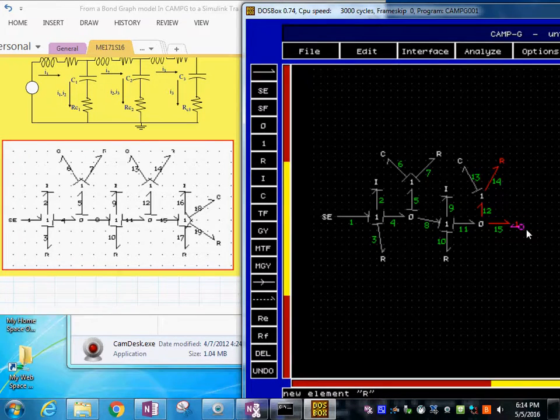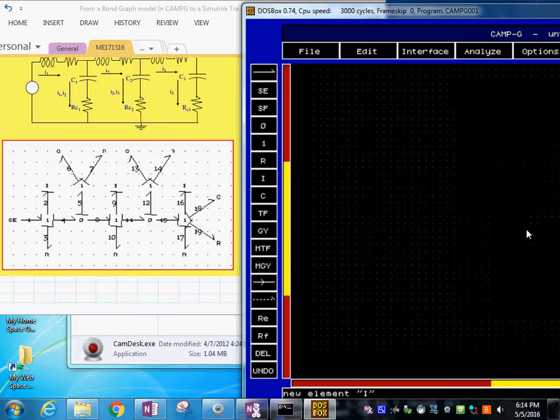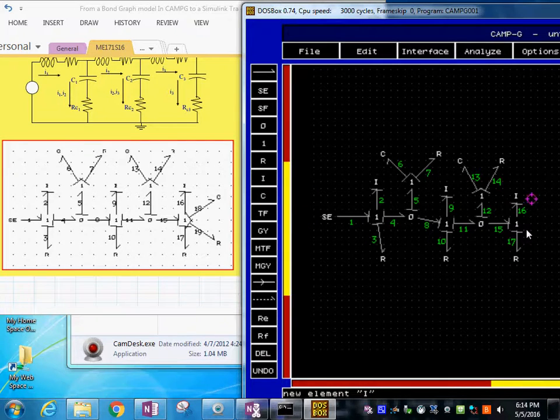We're on the last loop, and this is going to be I-16 here, and then we have the R element, then you have the C over here, and then we have the R19 here.